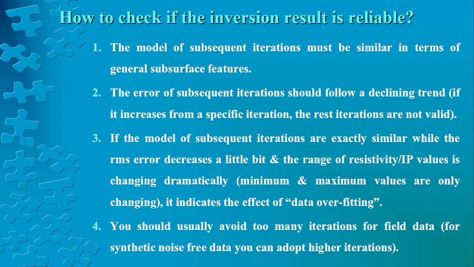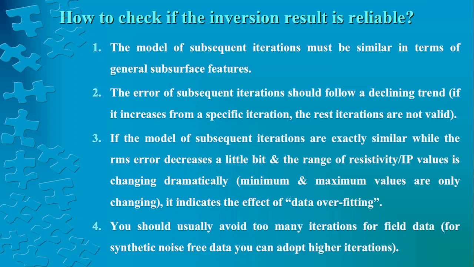Let's state it again. If we are facing a situation where the subsequent iterations just get lower in terms of RMS error, but the picture of the inversion is similar in subsequent iterations, the model is similar, and the only thing that changes is the range of resistivity and IP values.